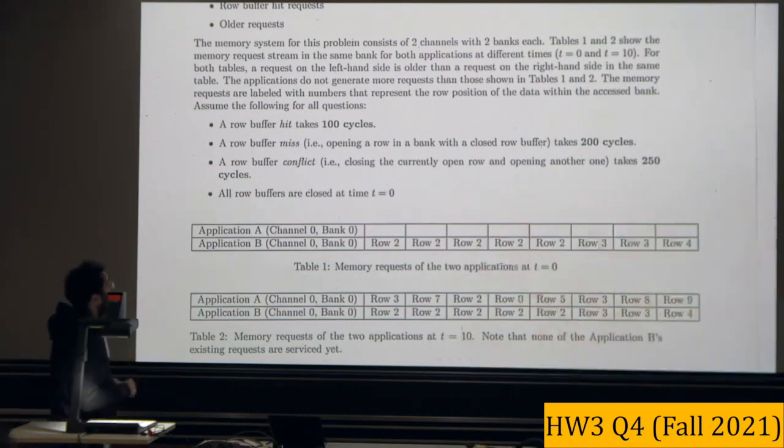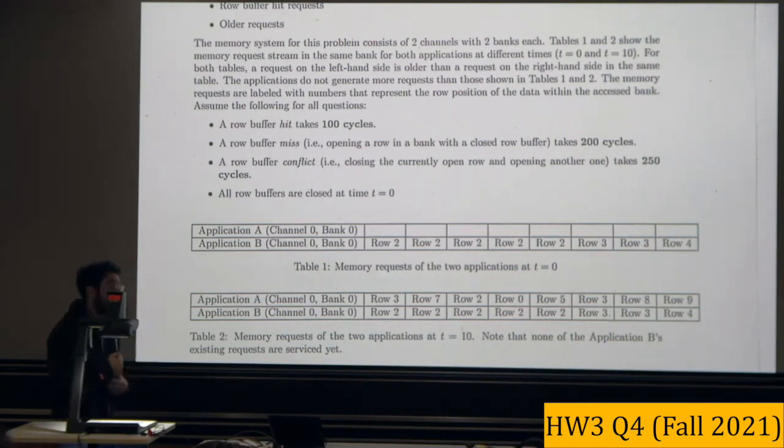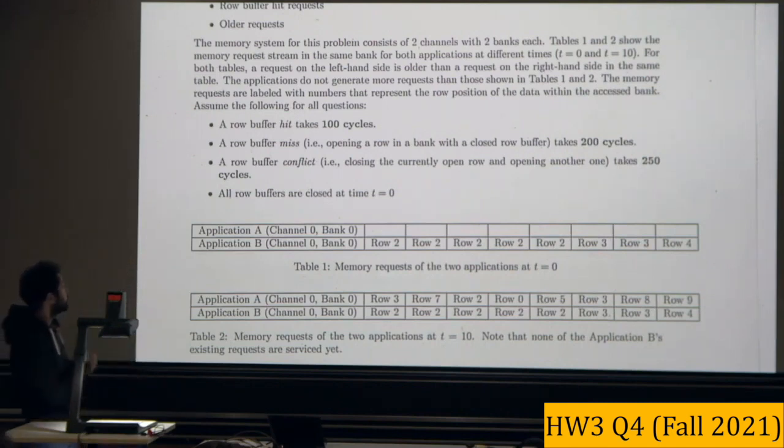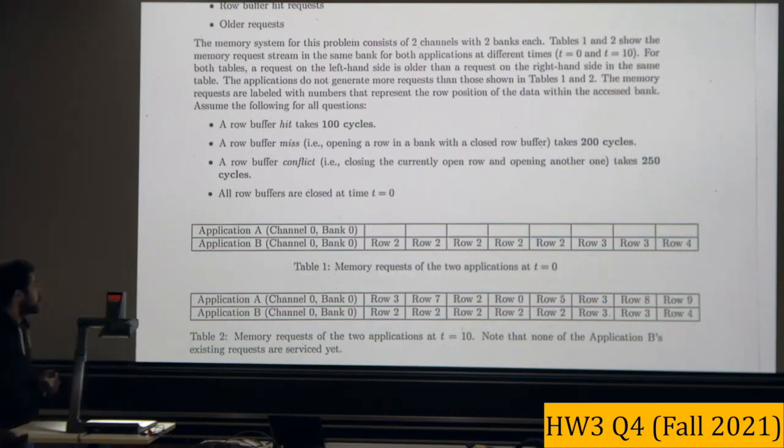There are not any more requests in this problem. For each request we have information about which row in the bank it accesses. A row buffer hit costs 100 cycles, a row buffer miss costs 200 cycles, and a row buffer conflict, which means that we need to precharge first and then activate another row, is 250 cycles. All row buffers are closed at t equals 0.